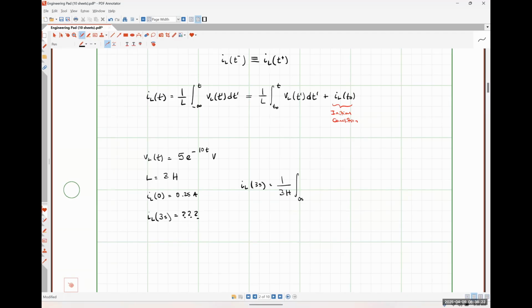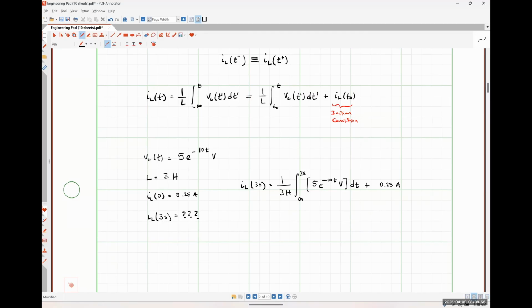At what point in time am I trying to find my inductor current? 3 seconds is going to be the upper limit of my integration. Now I'm just going to substitute in that 5e to the minus 10t volts, and I'm going to add to this my initial condition, which is just 0.25 amps. So that addition of the initial condition is happening outside of the integral, okay?